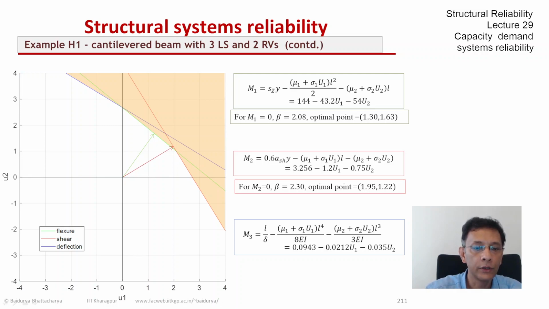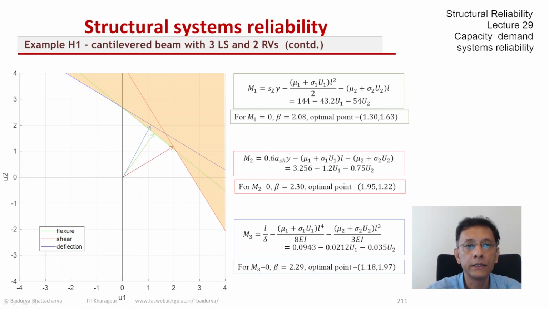We can also locate its minimum distance point, which is that blue arrow that you see on the left, and the distance is 2.29, and the optimal point is 1.18 and 1.97. This way, we have solved the three individual limit states for flexure, shear, and deflection.